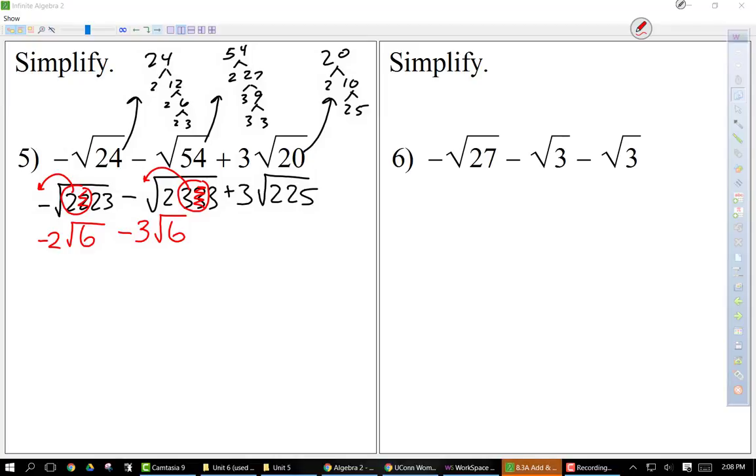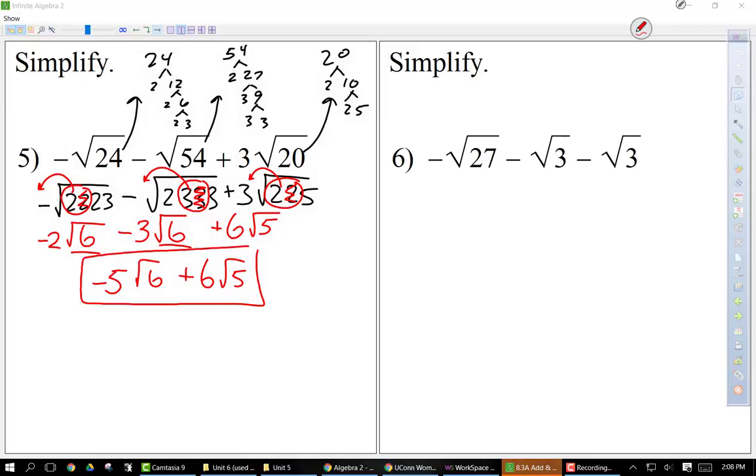Ooh, now it's looking a little nicer. Then let's go to the square root of 20. The group of 2, 1 pops, 1 crosses, becomes a 2 square root of 5. All right, now I have a square root of 6, square root of 6: -2 minus 3 is -5 square root of 6, plus 2 square root of 5. Boom goes the dynamite. You are done.